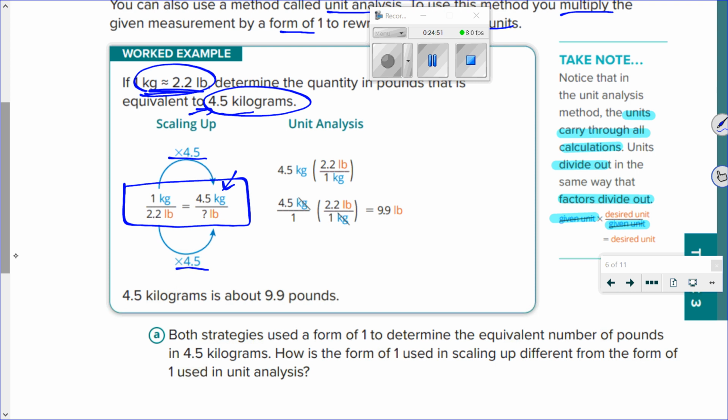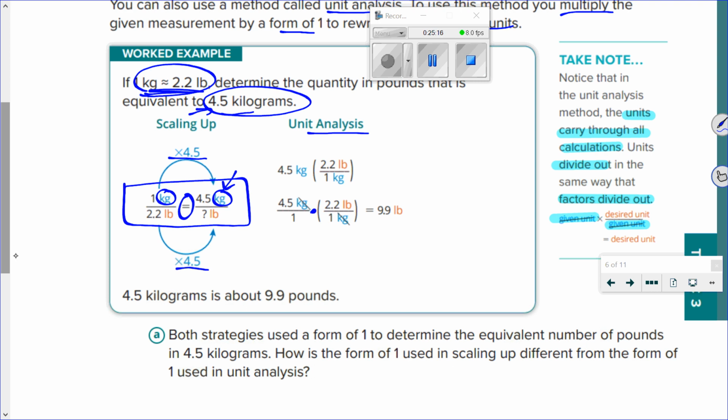The unit analysis method, the big difference is where things are located. Here you notice I have kilograms on top for both of them, correct? It's because I'm going from one to the other. In the multiplying method, number one, my equal sign is now gone. It's not equals now. Now in this case, I'm actually multiplying.